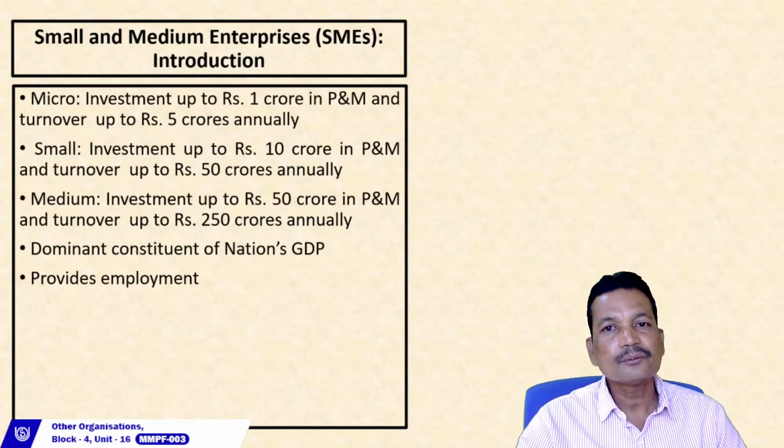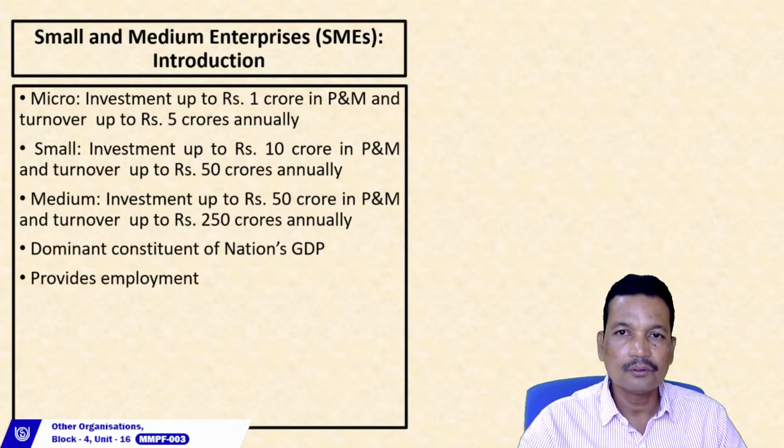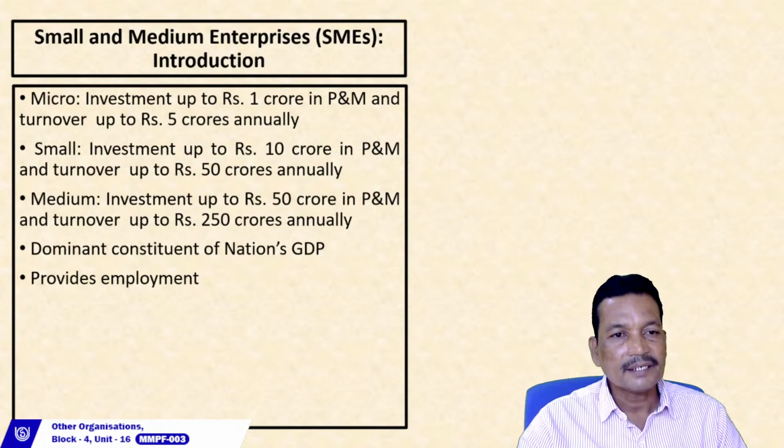Now, let us look at another type of special organization, that is small and medium enterprises. Here we mean the micro, that means very small enterprises, small and medium enterprises. The micro are those where investment is up to 1 crore in plant and machinery and their annual turnover is maximum up to 5 crore rupees.